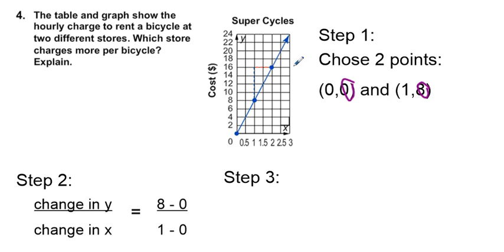They're my second ones. So I have 8 minus 0, and then my x's are going to be 0 and 1. So 1 minus 0. Now I'm going to simplify and restate. So it's $8 for 1 hour. So Supercycles charges $8 for every hour.